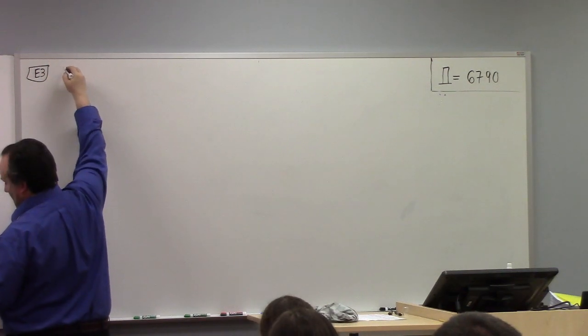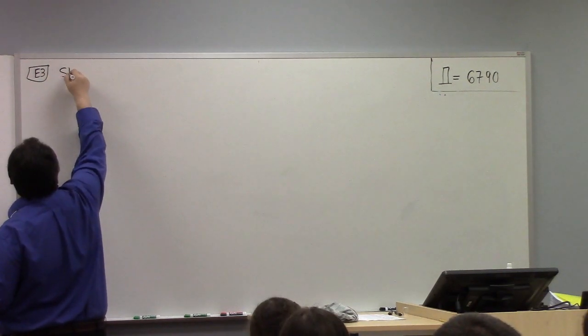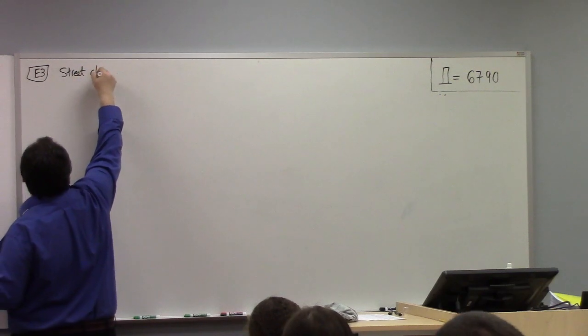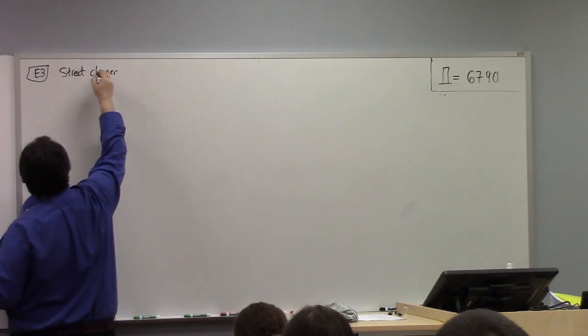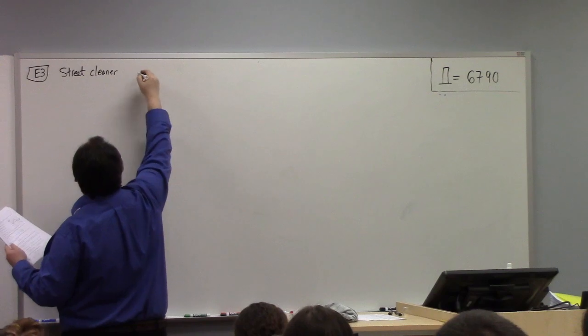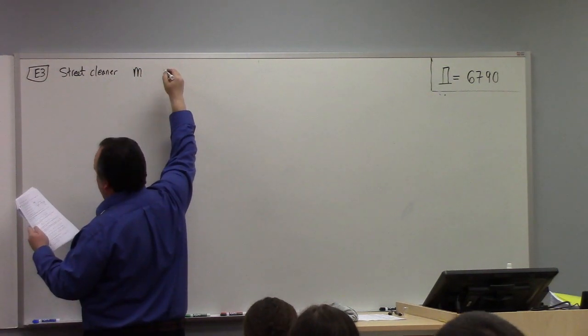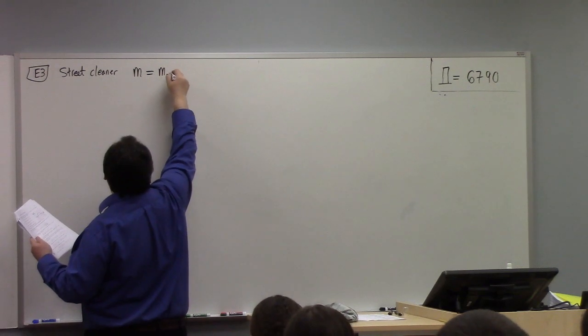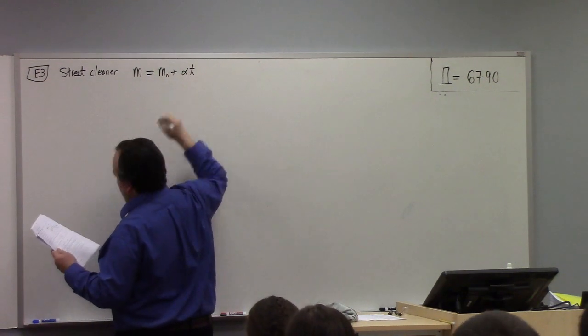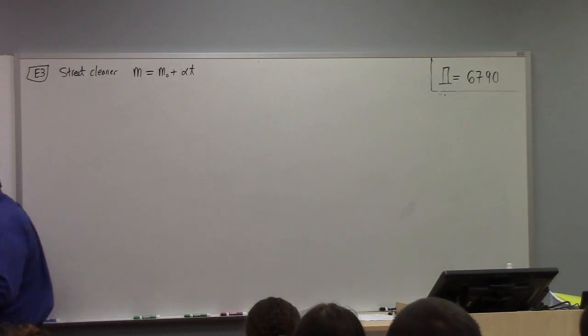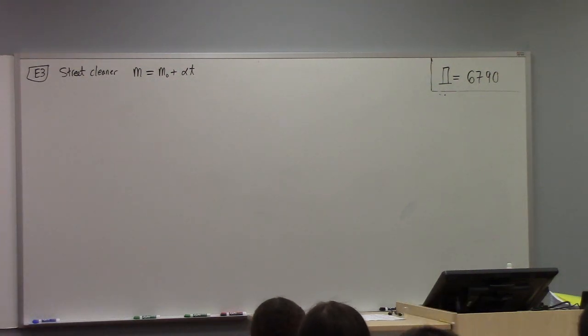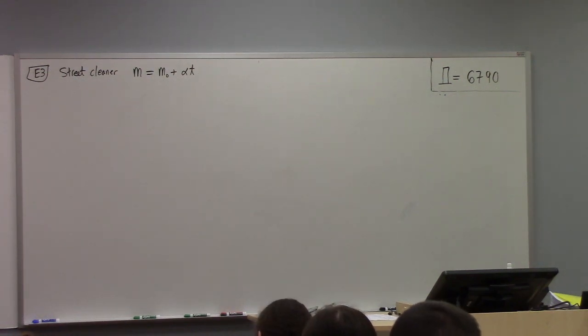You have a street cleaner, and as it picks up junk, its mass changes according to its initial mass plus alpha t, just for the sake of looking at something with variable mass. If the motor creates a constant force F naught, then we can derive the resulting acceleration by Newton's second law in momentum form.